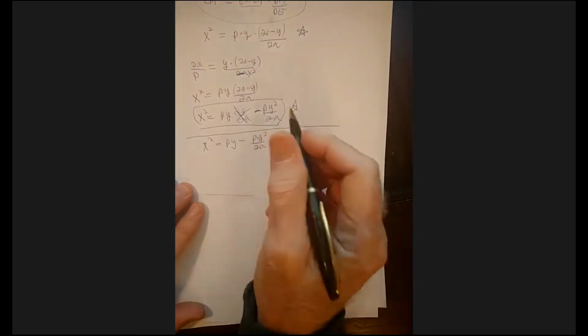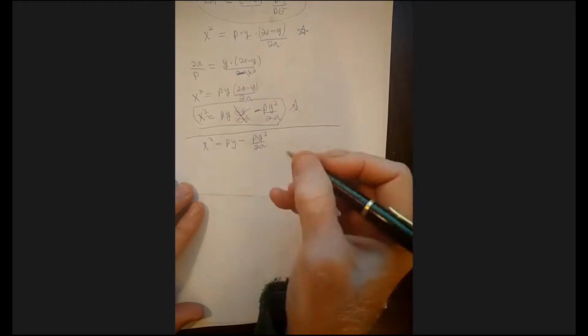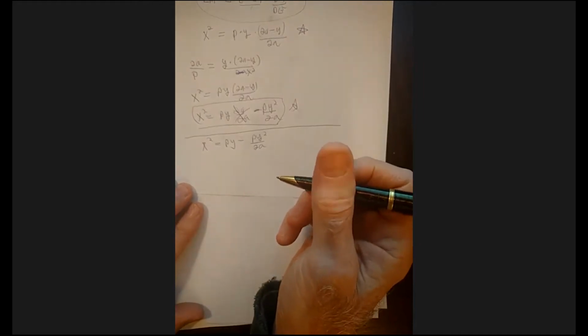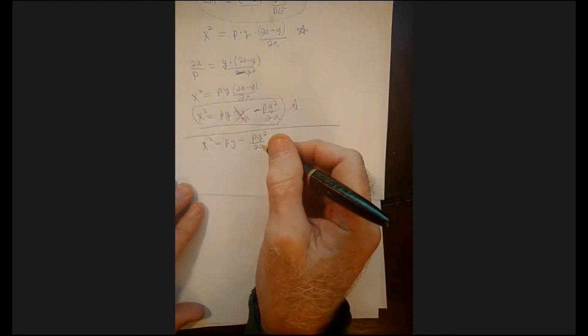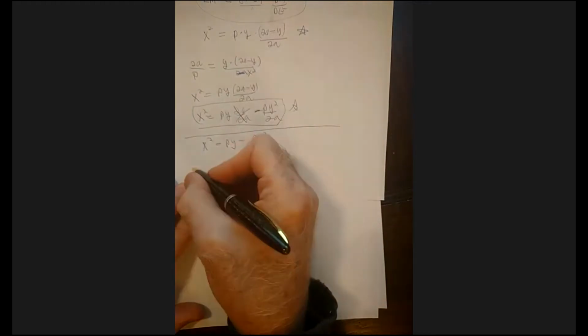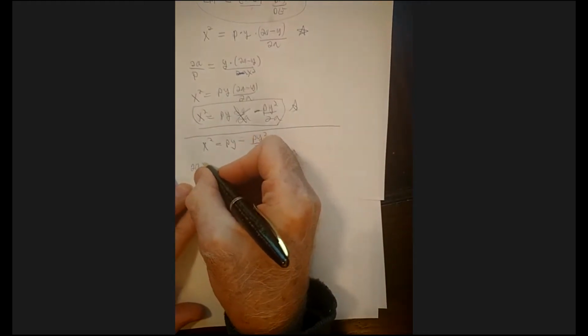that's what I got. And then since I've done this a lot, I want to get that standard form for the ellipse. So I say, well, I have to get x squared and y squared on the same side. And so I'm going to multiply everything by 2a to clear fractions.